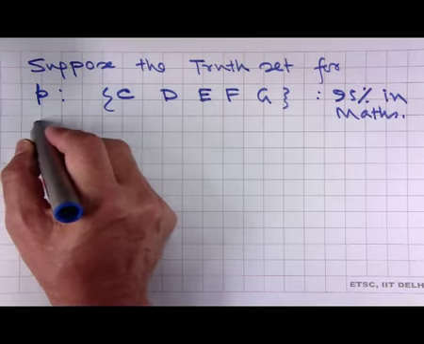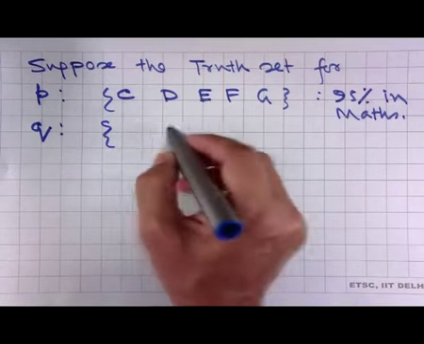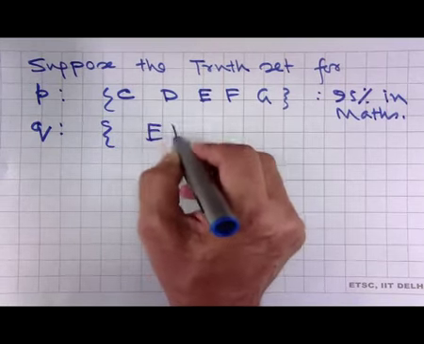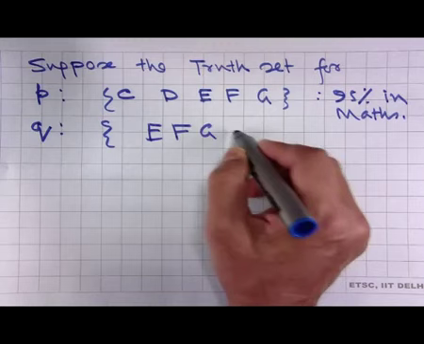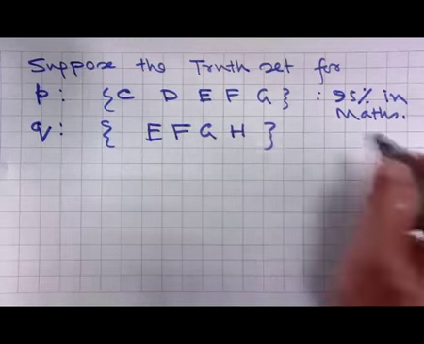And for Q, the truth set is E, F, G, H, only these 4.